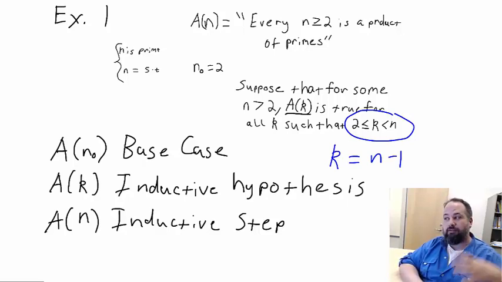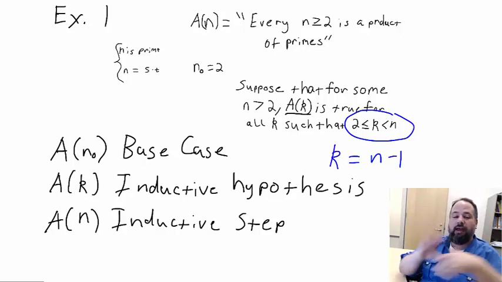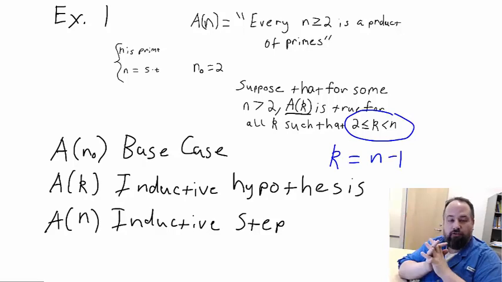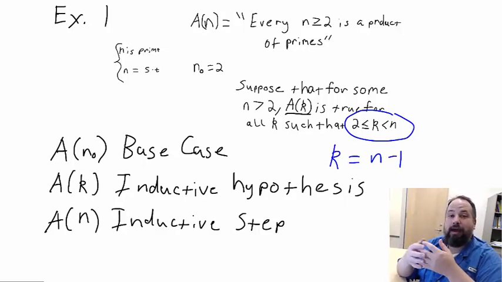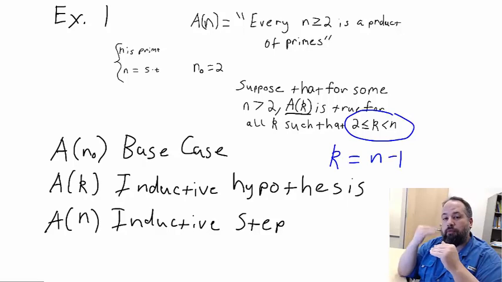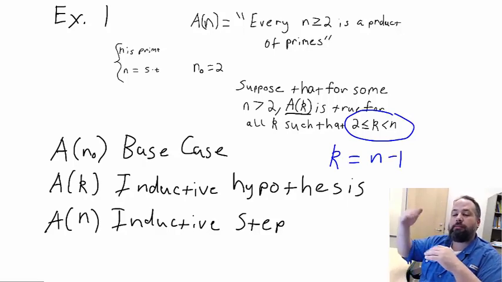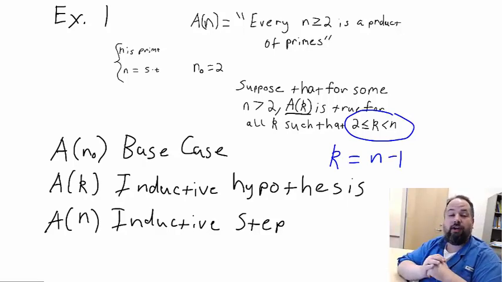Strong induction means for any k between our base case and our inductive step, it's true. For weak induction, we're only proving it for one smaller. And as you see from the definition of induction, it doesn't really matter, because even if you're only proving it for the one smaller, you can keep going down the inductive ladder until you get to your base case, and that proves it for all possible cases anyways.